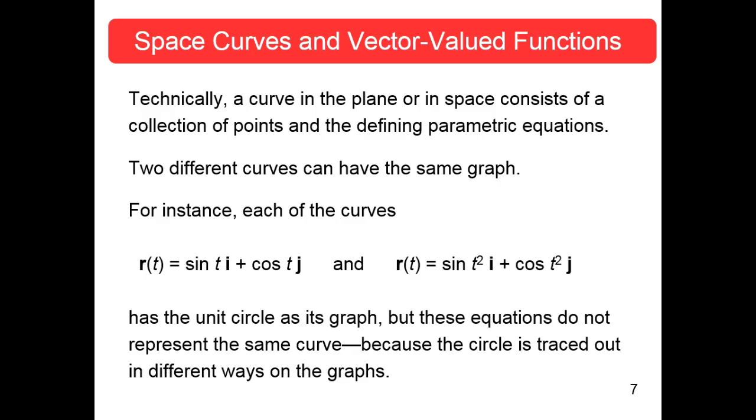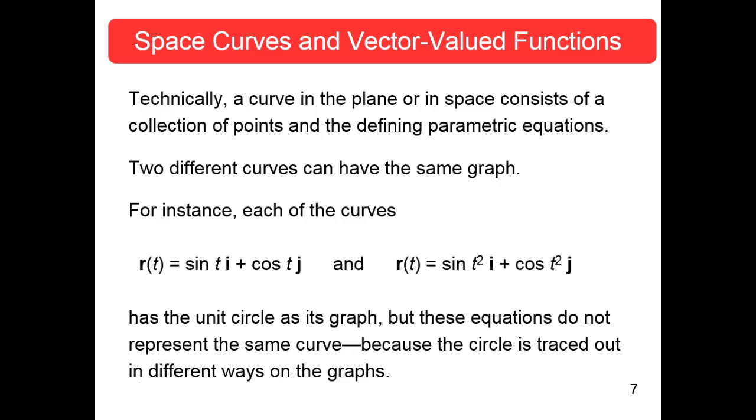That's what your i components do, and the y starts at 1, so it's at (0, 1), then goes to (1, 0), then to (0, minus 1), then to (minus 1, 0), and completes the circle. That's the graph of it.